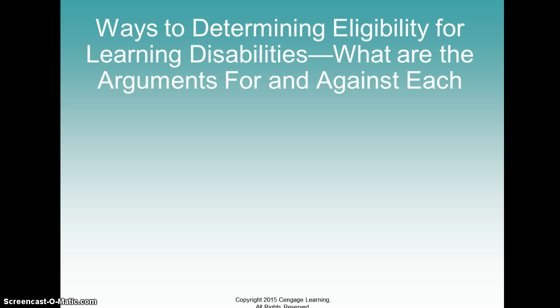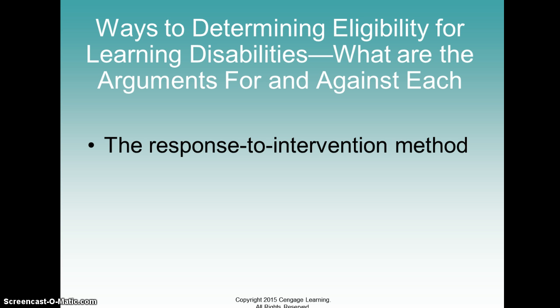The actual federal definition for learning disability says that it is a disorder in one or more of the basic processes in using language. And so how do you measure that? So here are some thoughts.